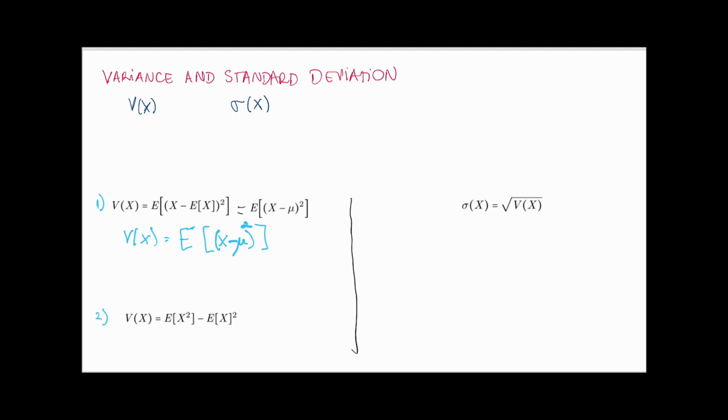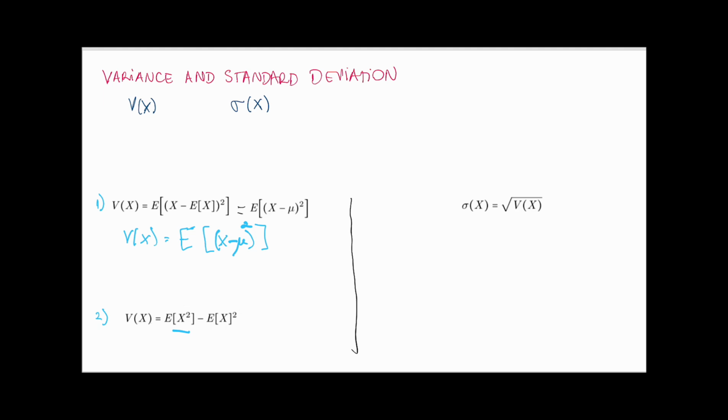There's another way to calculate the variance, using this formula here. You just take the expected value of x squared, which is nonlinear. Think about x squared as a new variable.